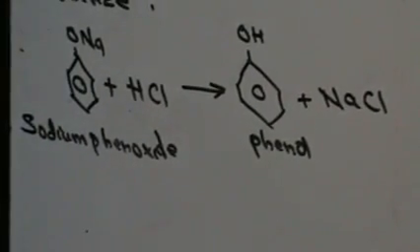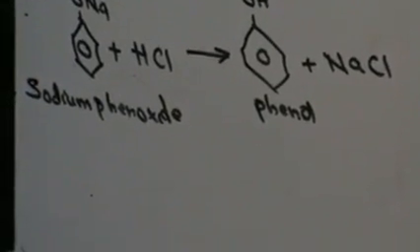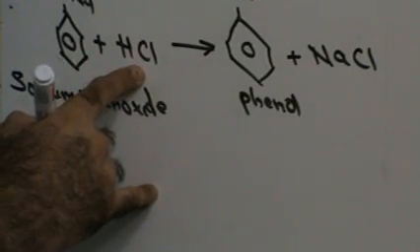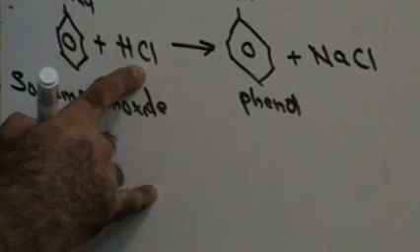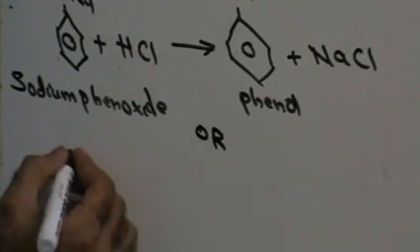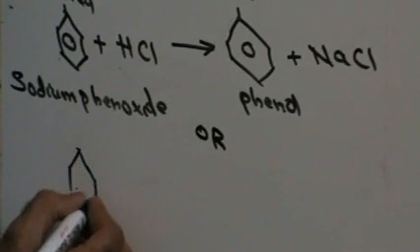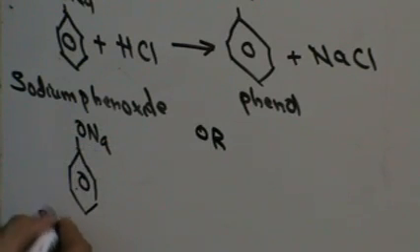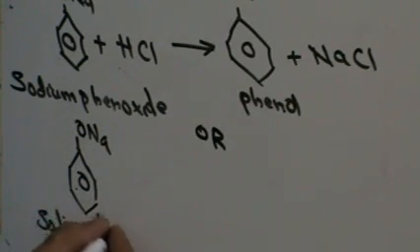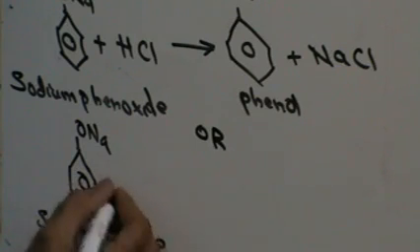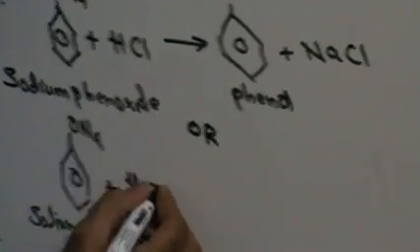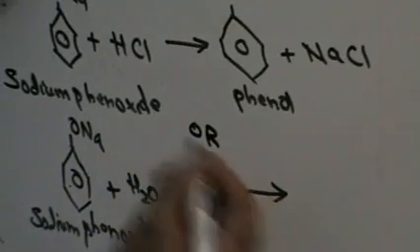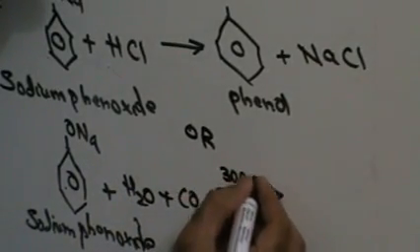I could have done the Dow process even by using water and carbon dioxide, right? Wherein instead of reacting it with hydrochloric acid, had I reacted it with water and carbon dioxide, even then I would have got phenol. Sodium phenoxide, ONa, reacted with water and carbon dioxide at 300 atmosphere pressure.